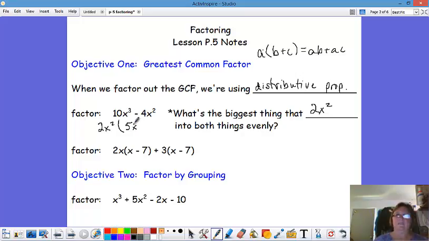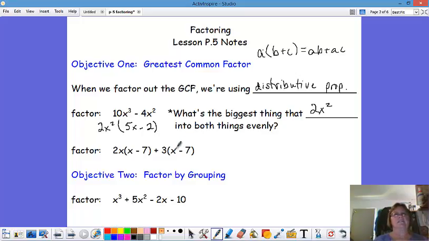Or think backwards, because remember we're working backwards. If I multiplied 5x times 2x squared, I'd get right back there to that 10x to the third. We have a second term we've got to deal with here, and I'm going to just bring the minus sign down. 2x squared goes into 4x squared twice. So here's that factored expression, reverse of the distributive property.